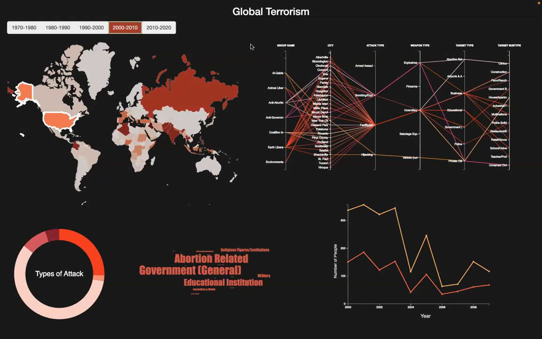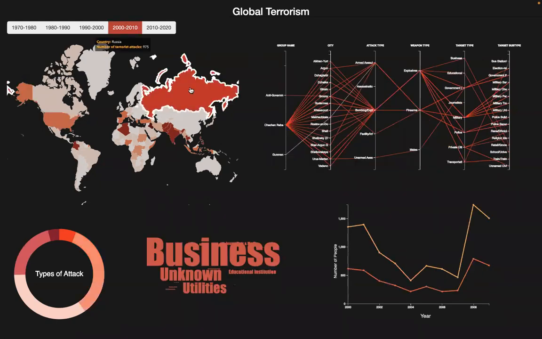So, for example, we can see that attacks in certain cities tend to be carried out by very specific attacking groups and using certain types of weapons. So, such patterns can help us better understand the nature of terrorism and inform policy and strategy development. So, to give you an example, let's say I select the country Russia.